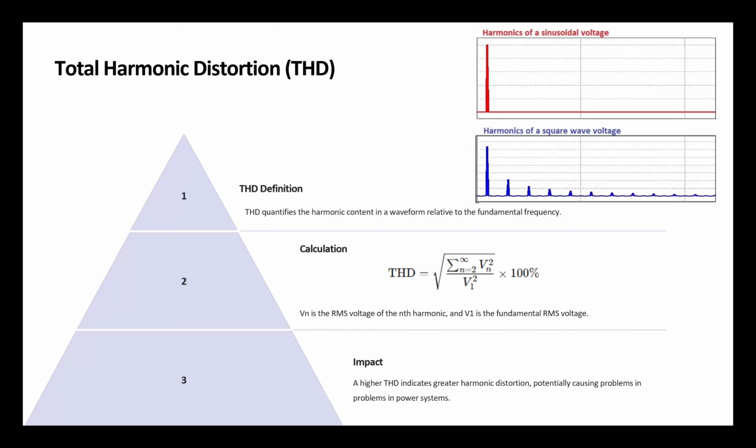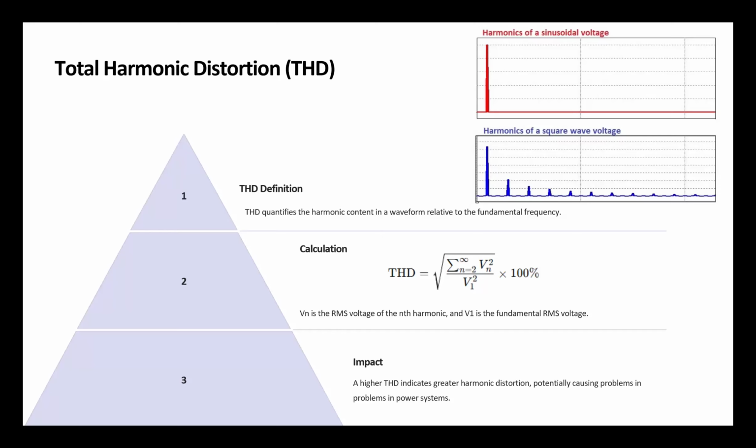Now, what if we wanted to describe the harmonics from the current perspective? Anyone can tell me what's going to happen in an AC system if we have higher harmonics of current in our system? What would be the immediate result? What is the main rule in AC circuit analysis?